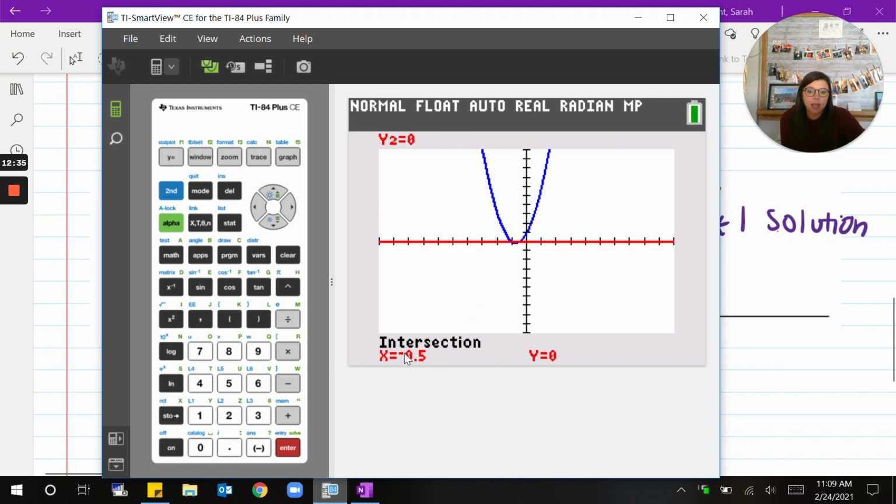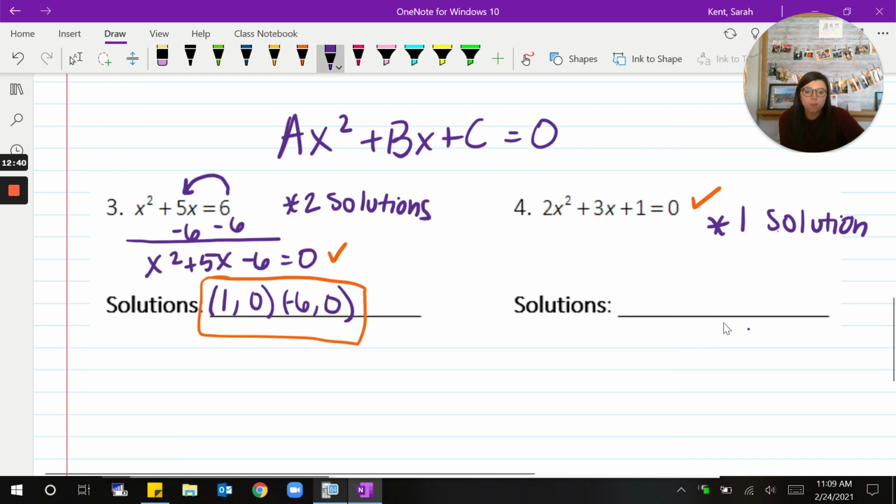X equals -0.5, y equals 0. So I'll put -0.5, 0. And that is my one answer. All right, if you have questions, please let me or Miss B know, and you can go ahead and try the practice.